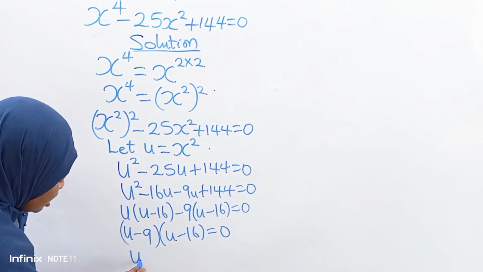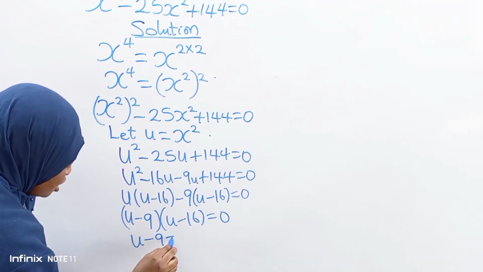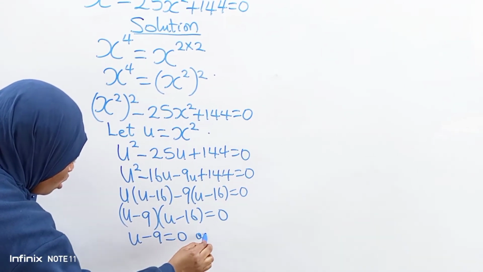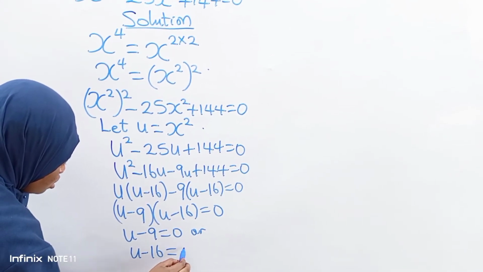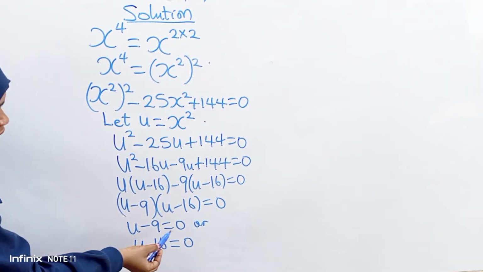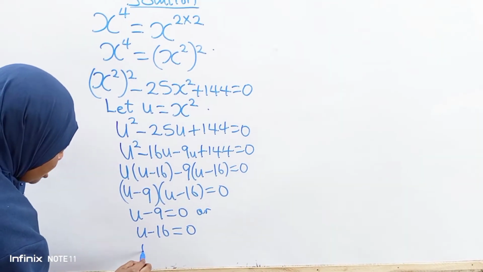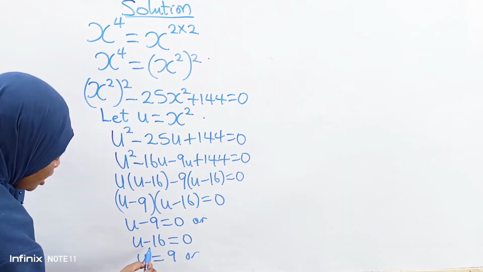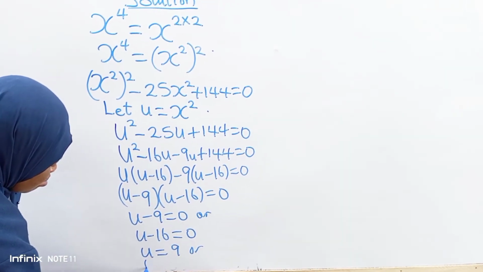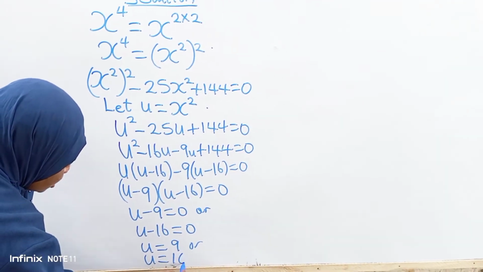So it's either u minus 9 is equal to 0 or u minus 16 is equal to 0. If u minus 9 is equal to 0, that means u is equal to 9. Or if u minus 16 is equal to 0, then u is equal to 16.